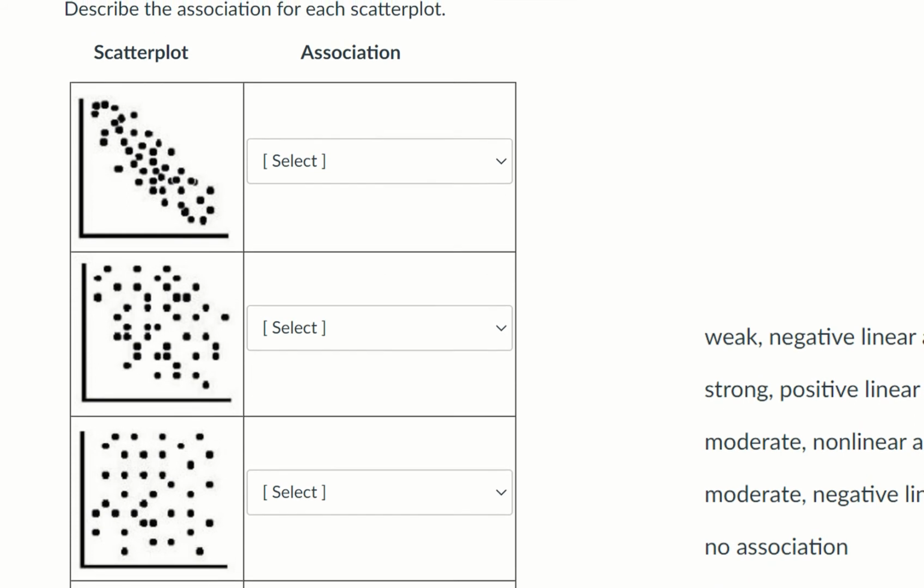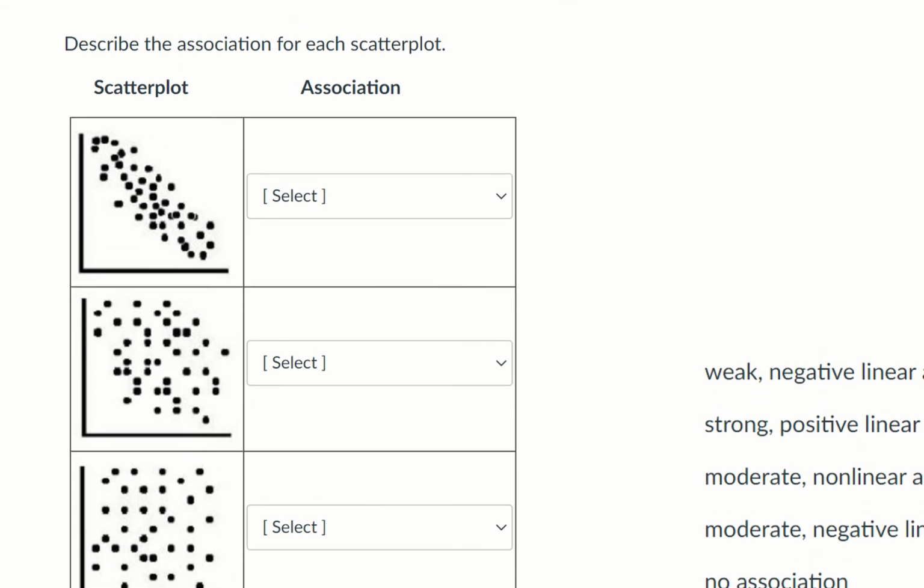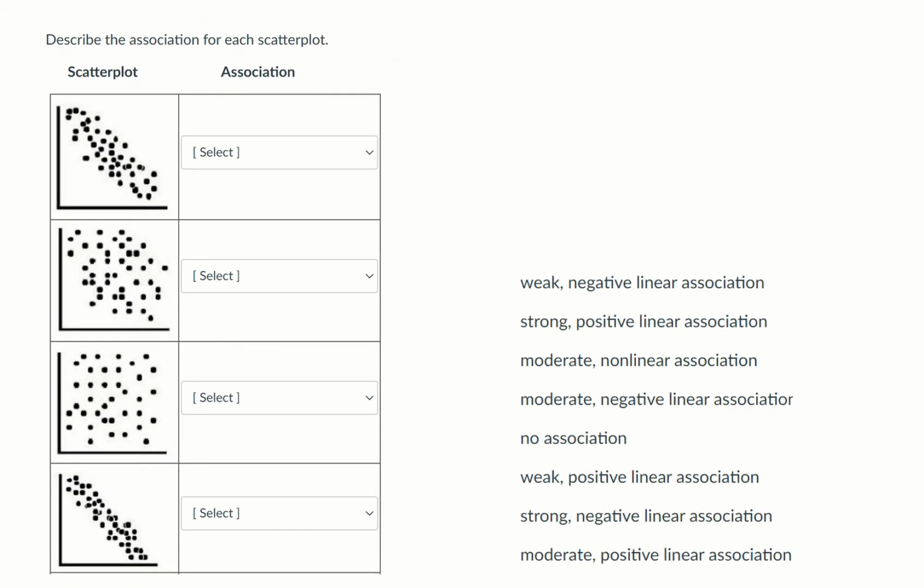Okay, so let's look at the next question. You have a scatter plot, and then you want to match it to the association. Looking at the scatter plot, there's a negative pattern going on here as it's going downward. And it seems to be a pretty decent strength, right?